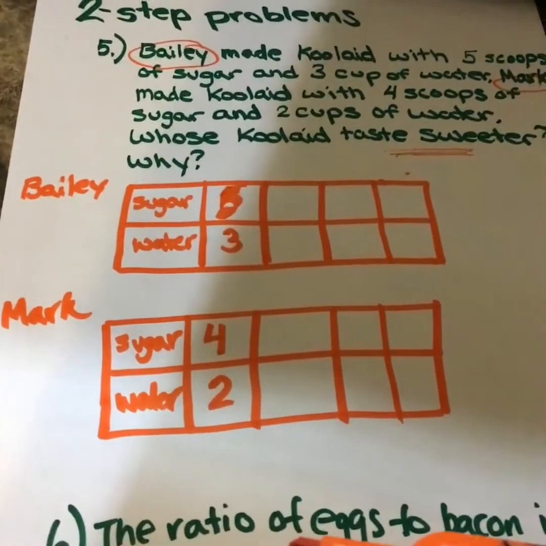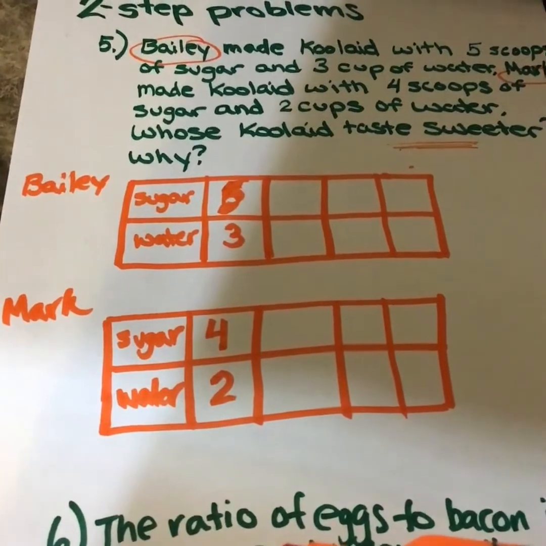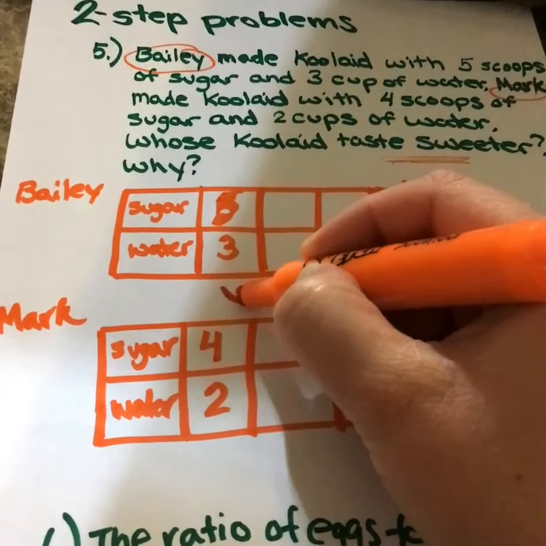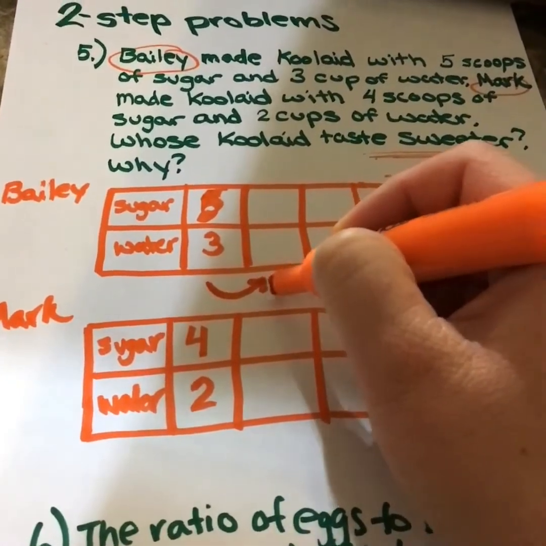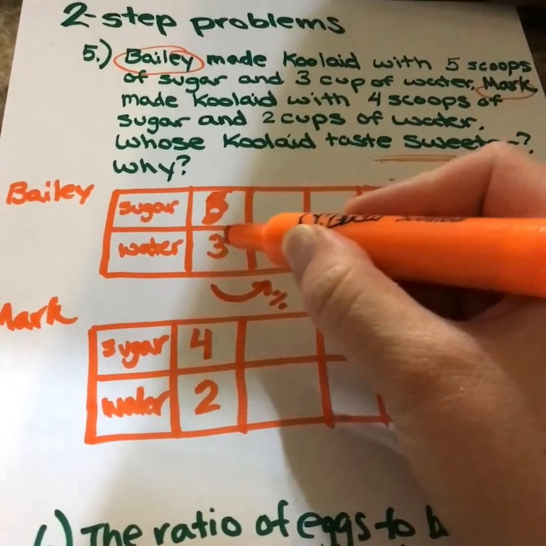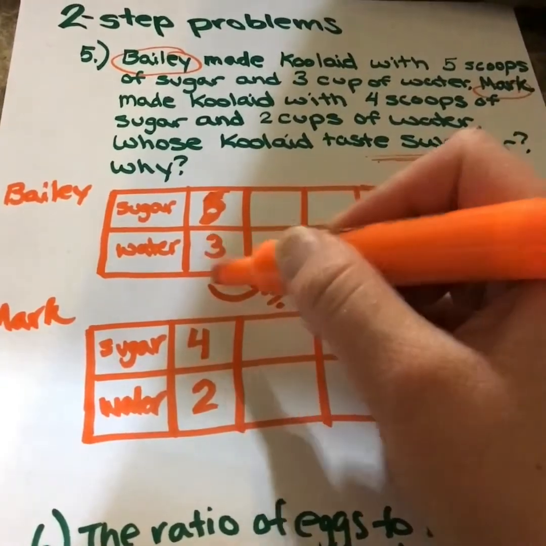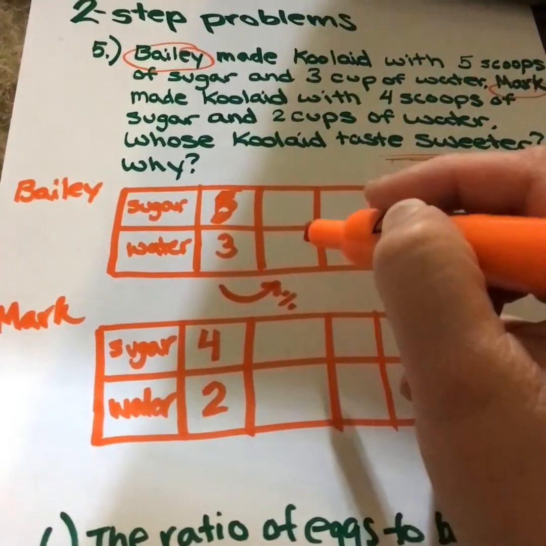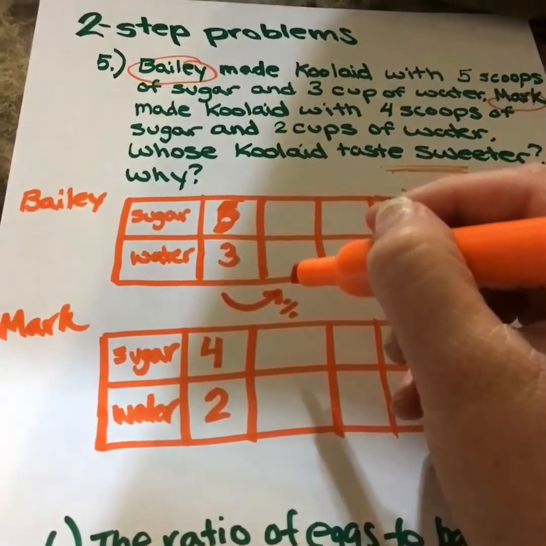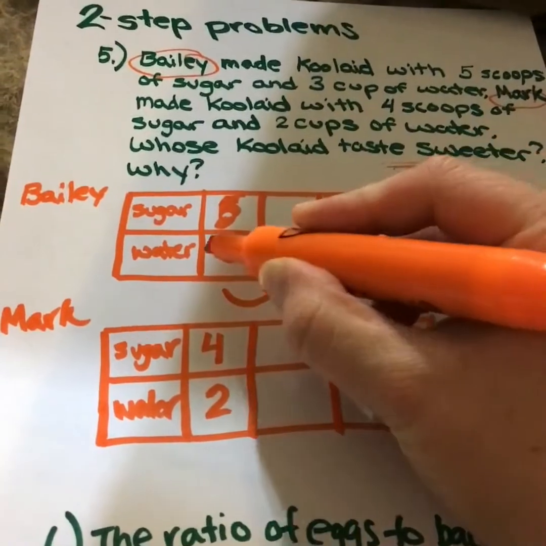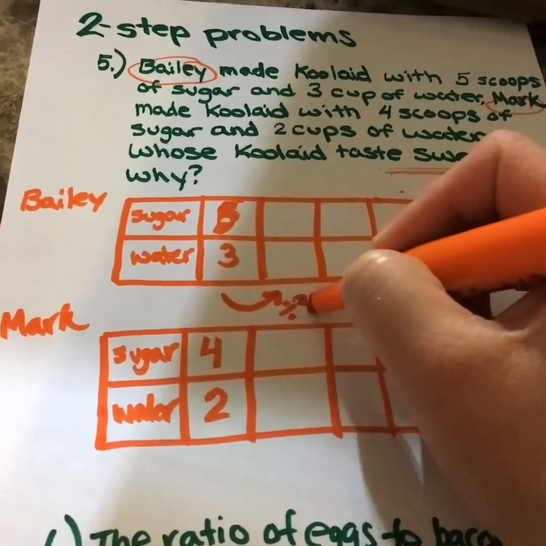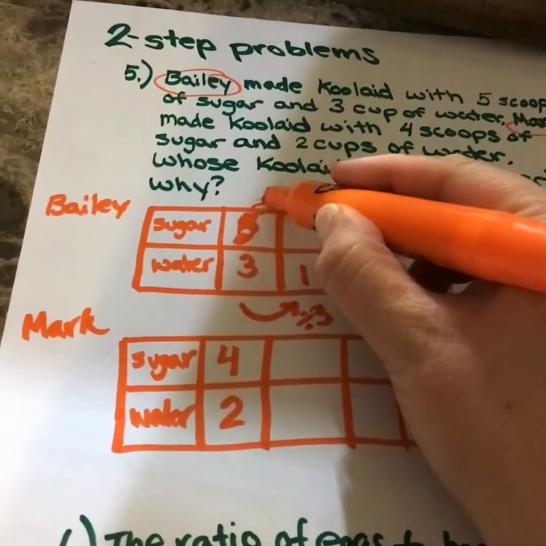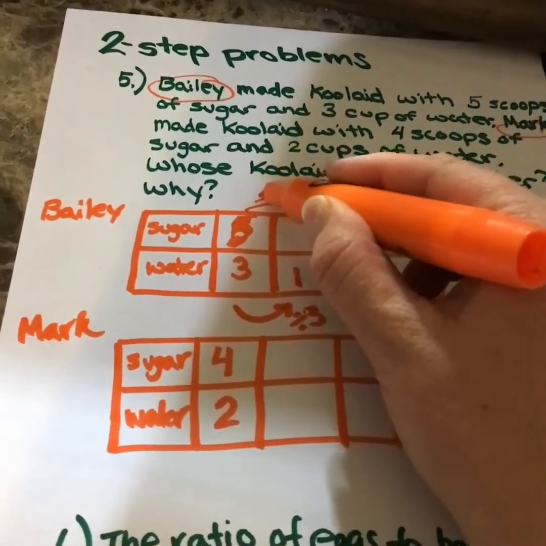So the very first thing that I'm going to tell you to do would be to divide. Okay, we're going to find what you call a unit rate. So we are going to divide by the water number. Okay, I want to get this to 1 cup of water. So I am going to divide 3 divided by 3 to get 1. Now I also have to divide this 5 by 3.